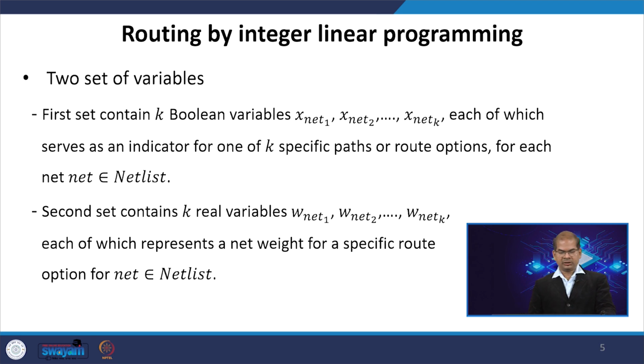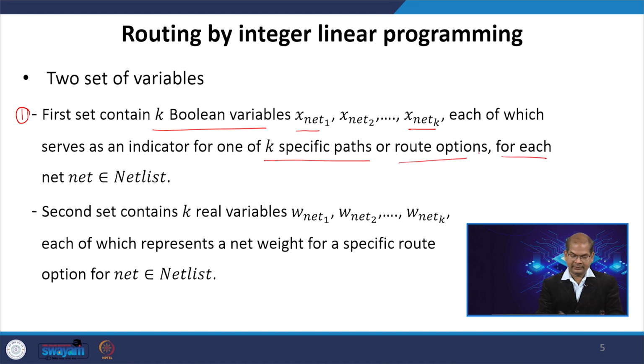Then we have two sets of variables. The first set is a set of k boolean variables, x net 1 to x net k, for which we specify k specific path or route options for each net.